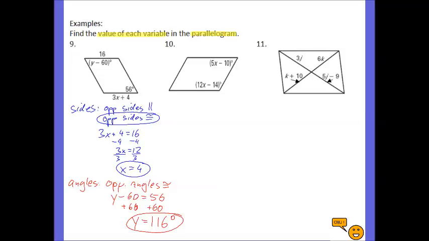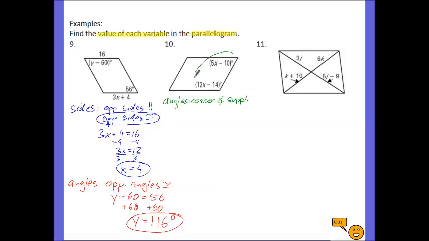In example 10, we are given the measurements of two angles only, and those two angles are next to each other. They are consecutive. What do we know about the angles of parallelograms? Consecutive angles have to be supplementary.